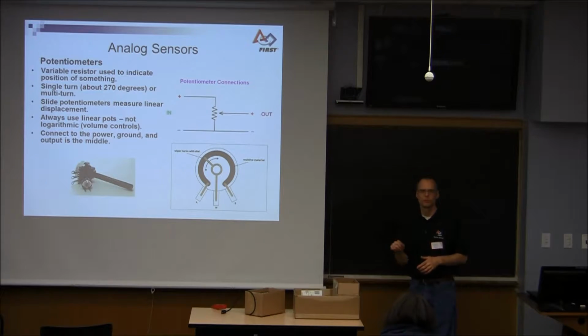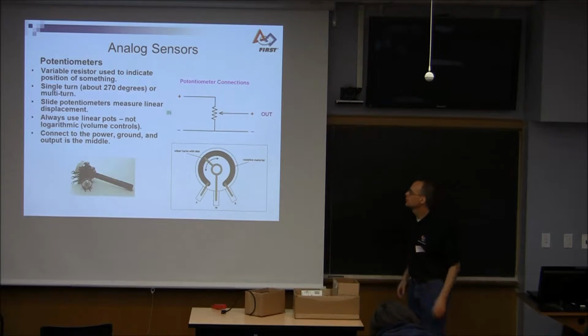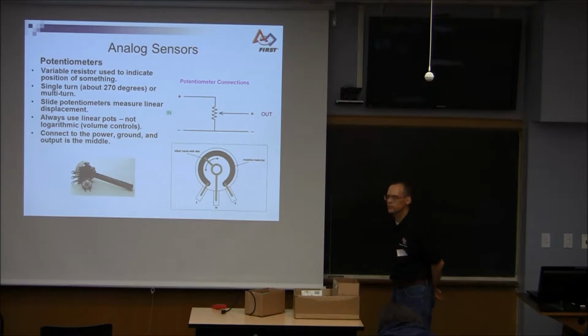Those are volume controls. Hearing is logarithmic, right? Decibels. So to be twice as loud, it has to be, what, 10 times the power? You don't want to use those on robots. You want to use the linear ones so you get a nice linear progression. Any questions on potentiometers?